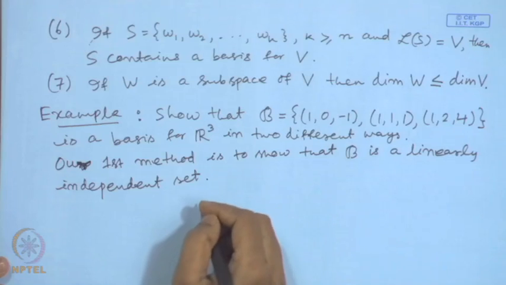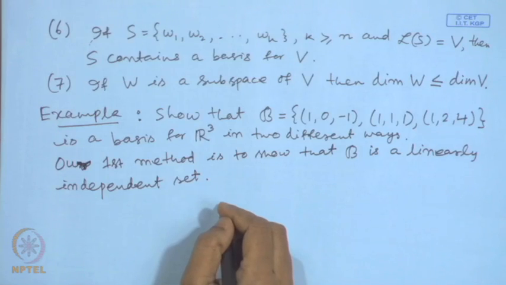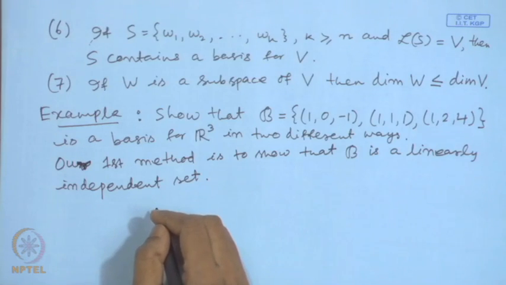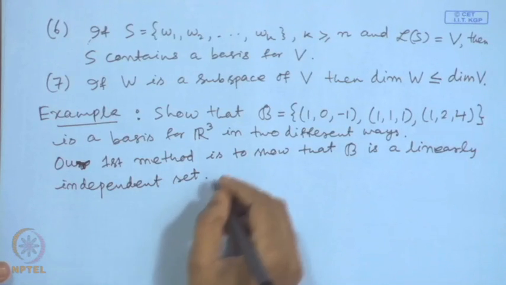We do this by considering the echelon form of these vectors, or in other words we form the matrix like this.